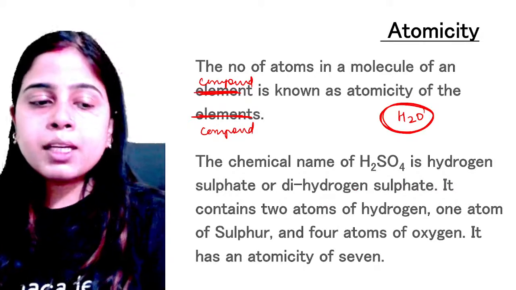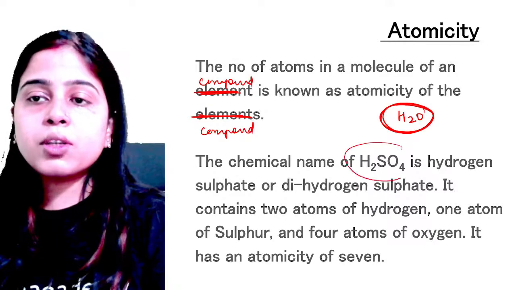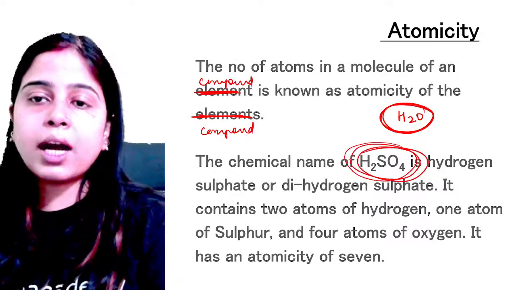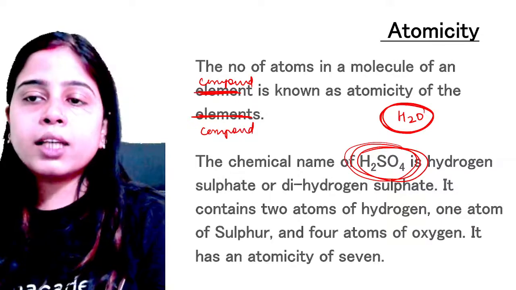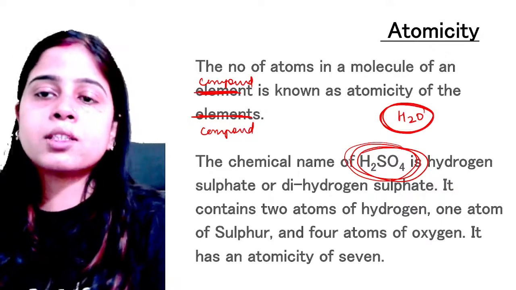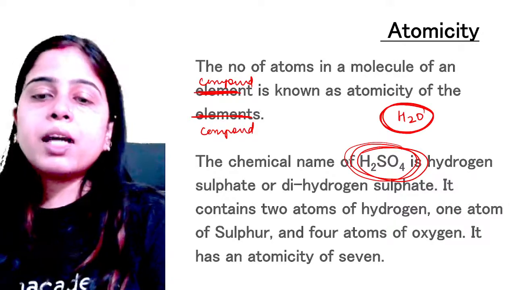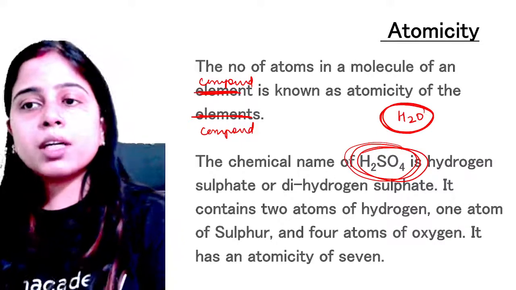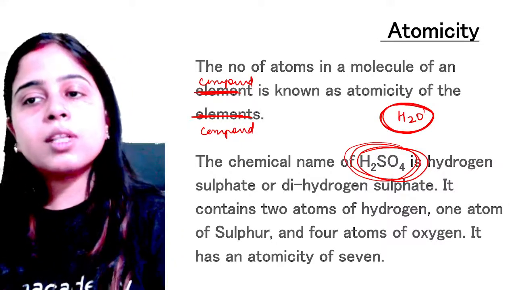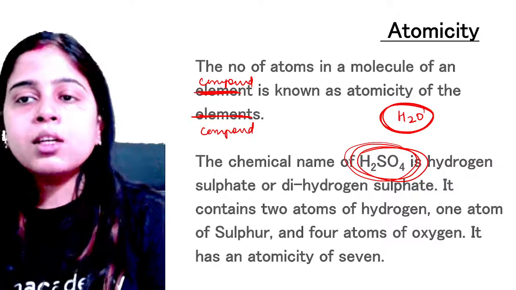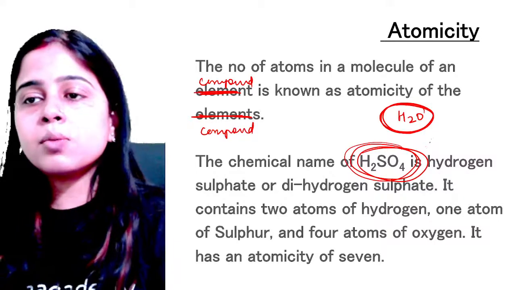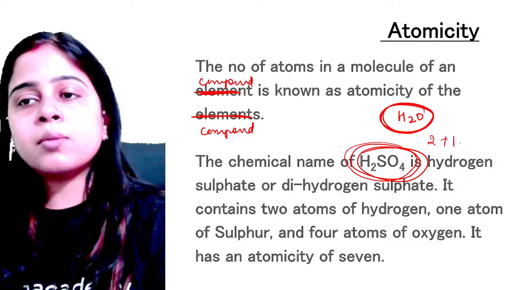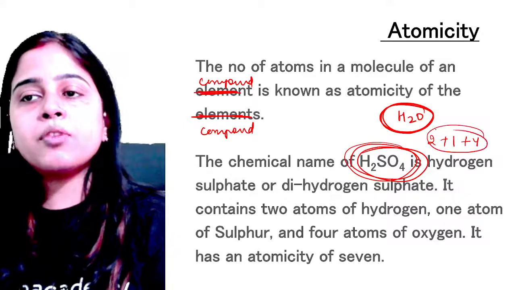Similarly, the chemical name and your H2SO4. Okay, this is your hydrogen sulfate or sulfuric acid, or you can call it dihydrogen sulfate. Okay, so if I ask you what is the atomicity of this particular compound or the molecule of this compound, what will you answer? So you can say, ma'am, 2 atoms of hydrogen, 1 atom of sulfur and 4 atoms of oxygen.